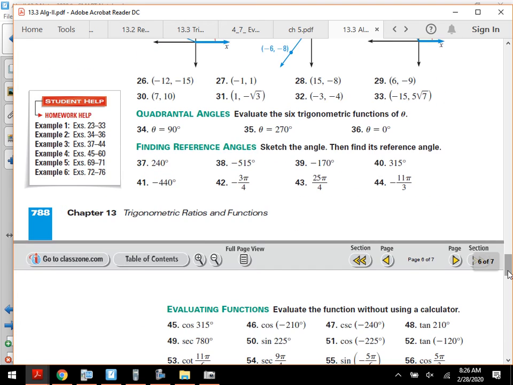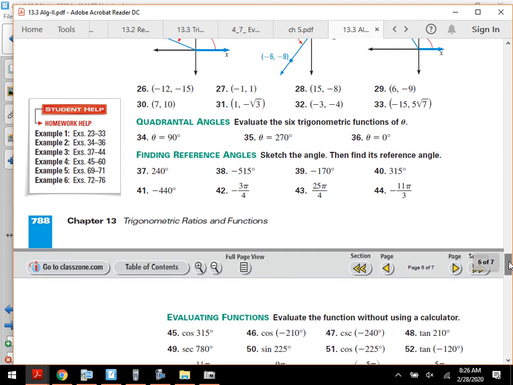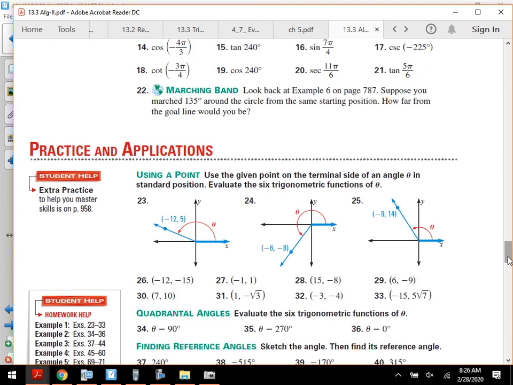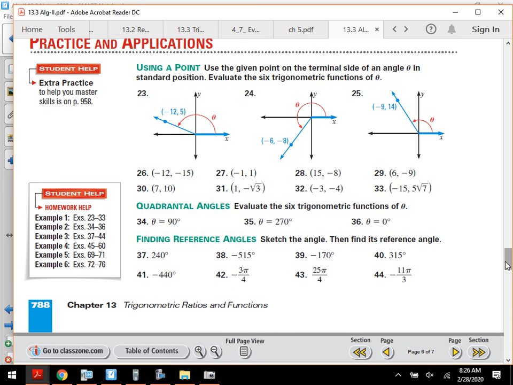We'll do that on Monday. So let's do this. In this first part here, all I want you guys to do is 27 through 29, and then 37 through 44. So 27 to 29, because we did 26.